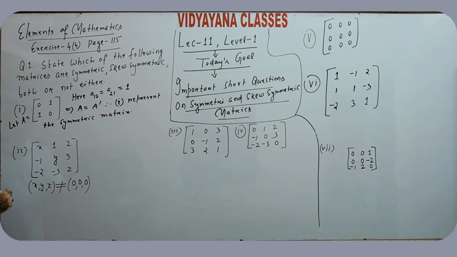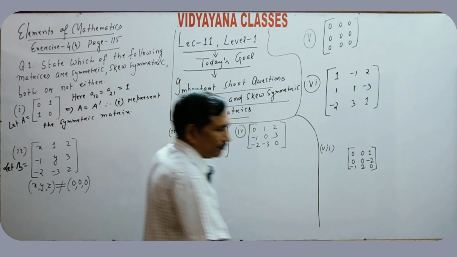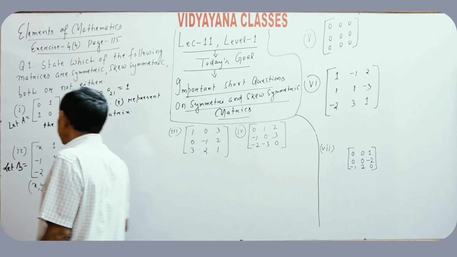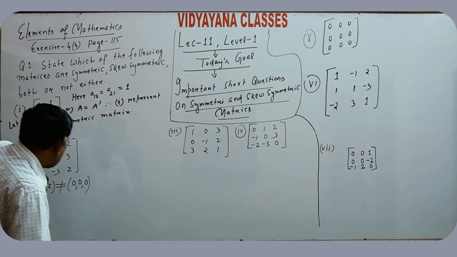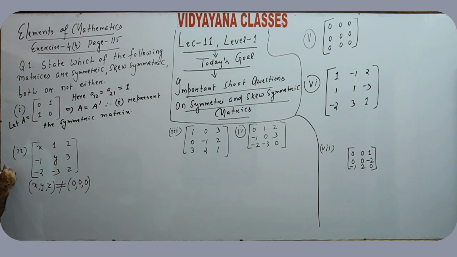Second bit, let capital B be the given matrix, where the ordered pair x, y, z is not equal to 0, 0, 0.